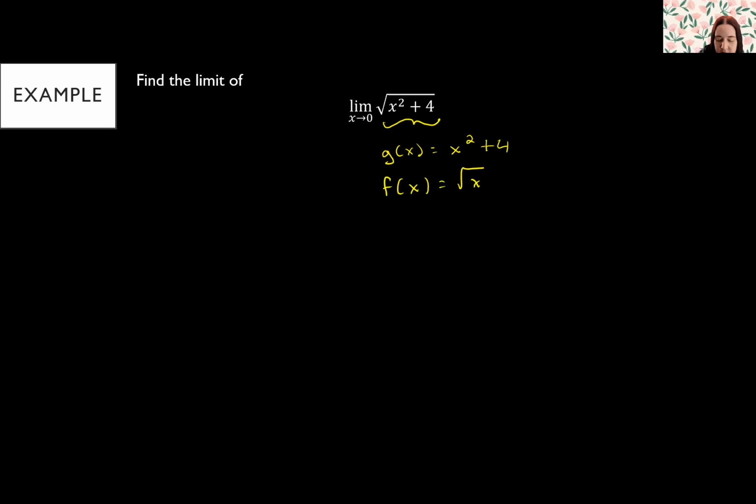So function composition, f of g of x, basically means that you're plugging g of x into your f of x function. So our f of x is the square root of x, and we're plugging g of x into there. And so that gives us x squared plus 4. So we have the square root of x squared plus 4, and we're breaking it apart. We're kind of moving from the right to the left so that we know what our g of x is and what our f of x is.